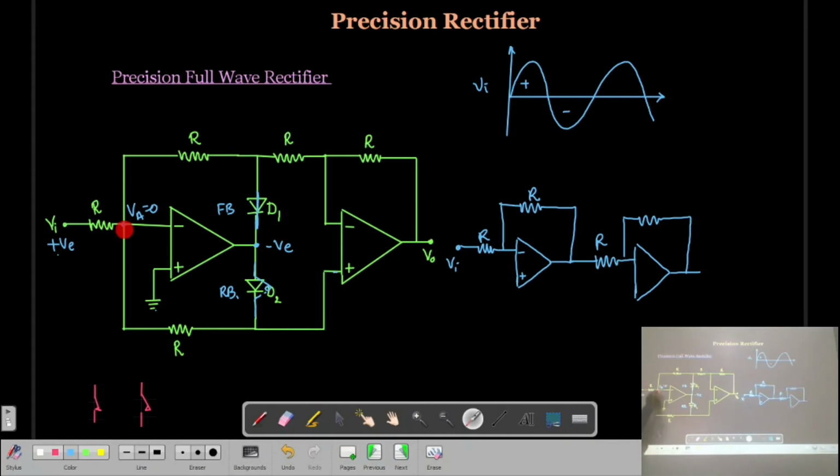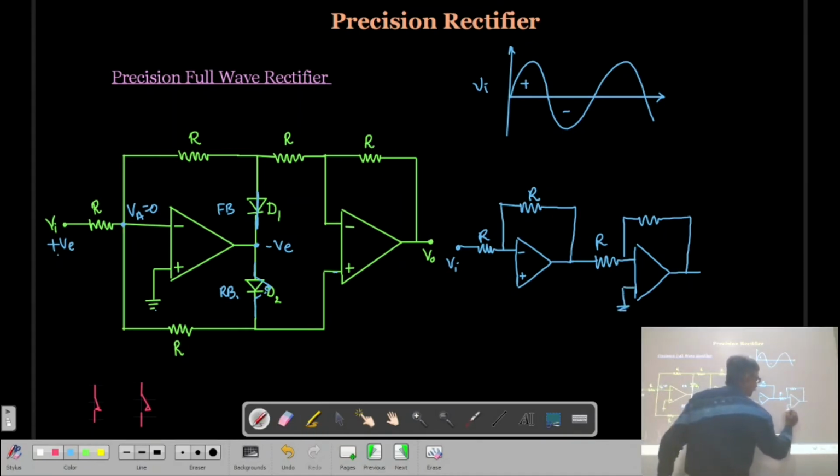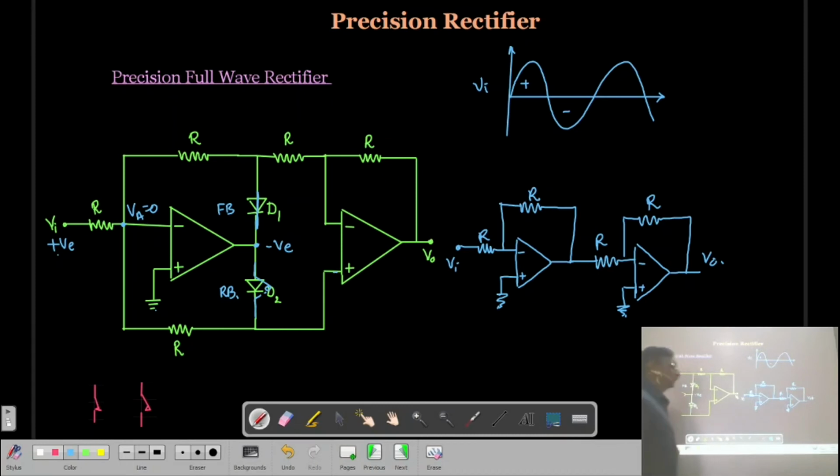It is connected to VA, and VA is nothing but the virtual ground. So I can consider that this is connected to the ground, and this is also connected to the ground. Minus, plus, and the resistance R is there. Here we have the output voltage.